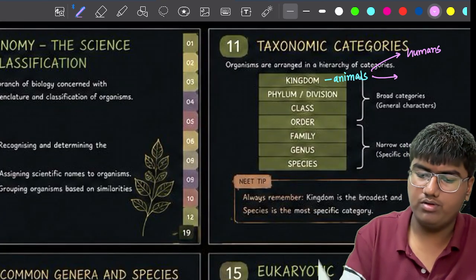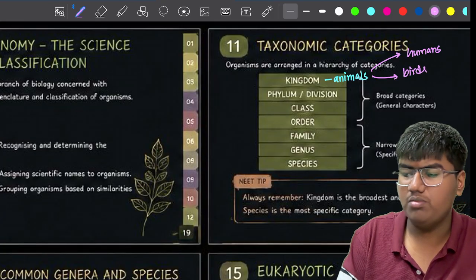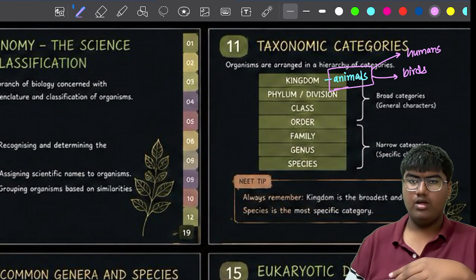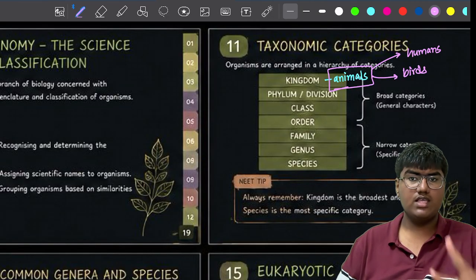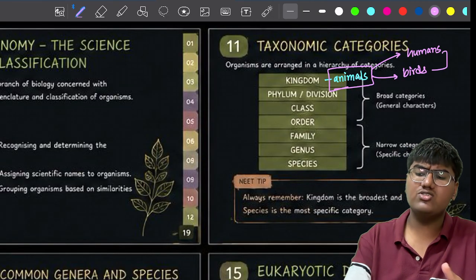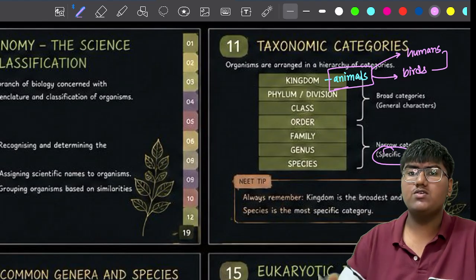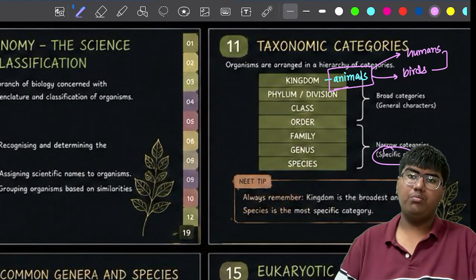Easily we can recognize birds. Humans and birds both come under the animal kingdom. Both are in the same kingdom, and there are many general characters common to them, but very few specific characters that I can count between them.